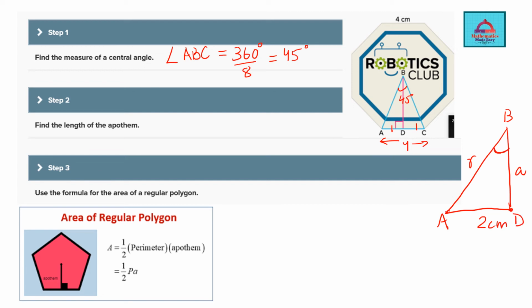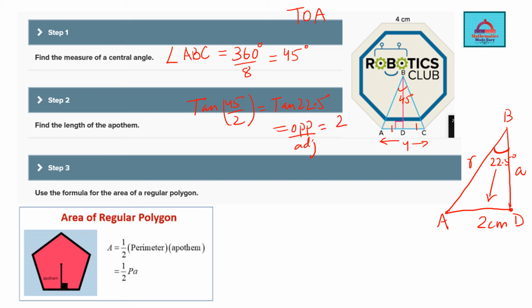Now how much will this angle be? It will be half of the total angle, so it will be 22.5 degrees. Now in this right triangle, you need the apothem, which is the adjacent. Opposite is given to you, so opposite over adjacent is tan. So tan of 45 divided by 2, which is tan 22.5, is equal to opposite over adjacent.